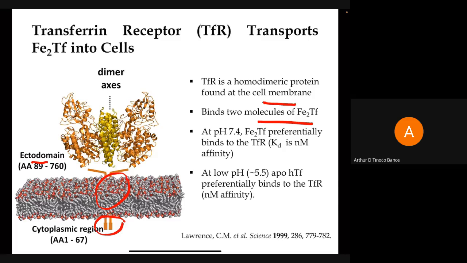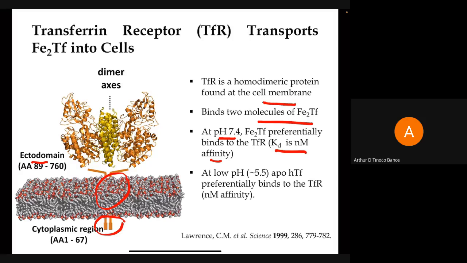At a pH of 7.4, this receptor has a preference for binding iron-bound transferrin, so it has a relatively high affinity for this protein. It does not have a high affinity for the apoprotein. That's something really important to note.